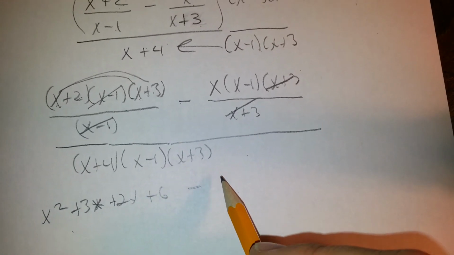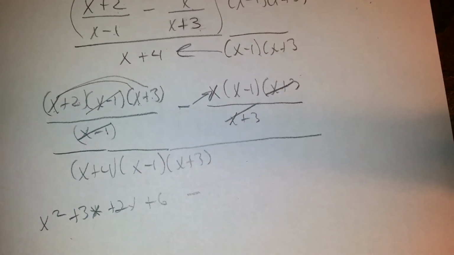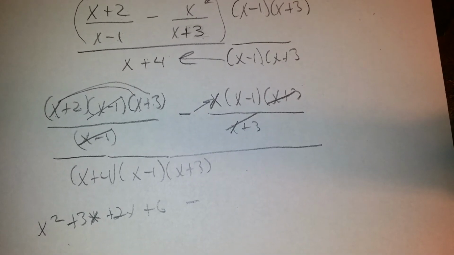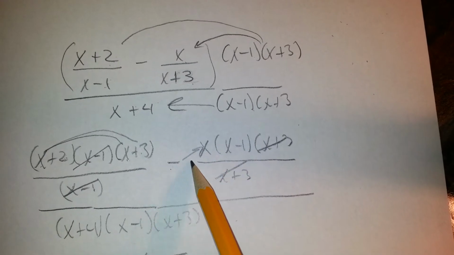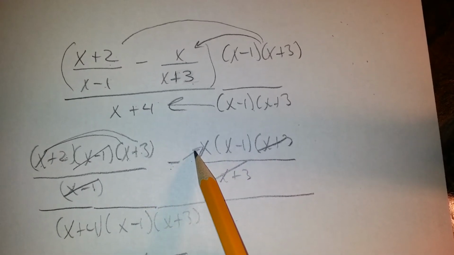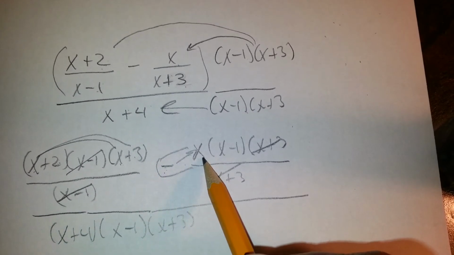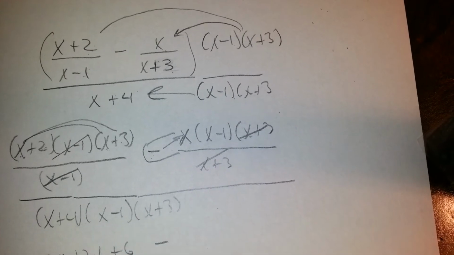Minus, now I'm going to group this whole thing. Well, I'm going to make this minus go with the x, okay? You can do it several ways. I can group this whole thing and then distribute the negative, or I can attach this here. I've got negative x times, I'm going to attach that with the x, okay?